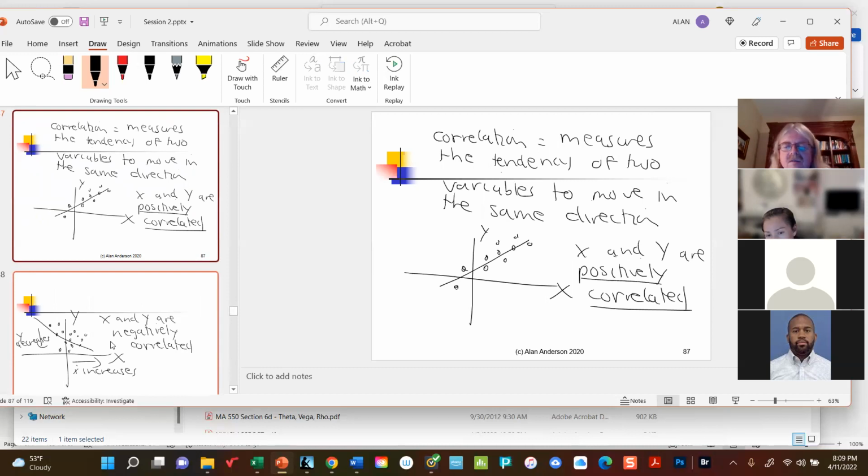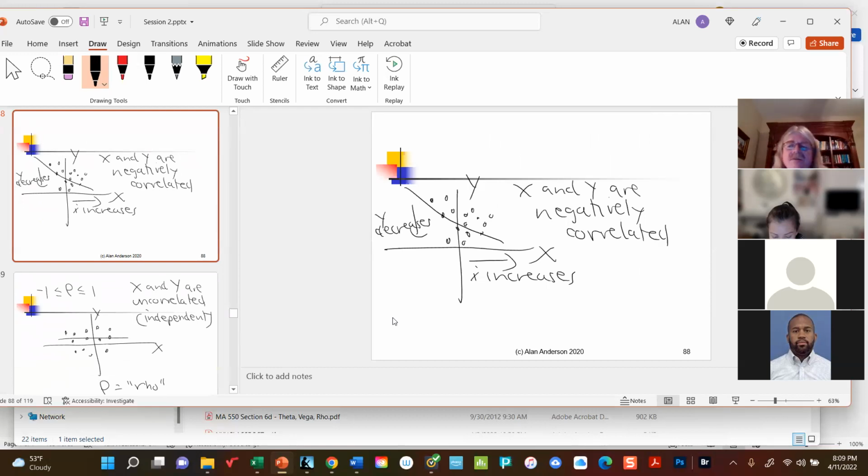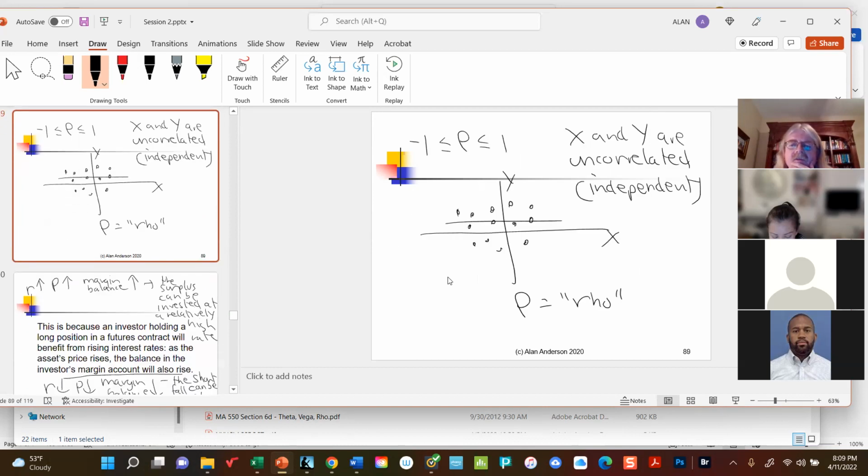Like in this scatter plot that we're seeing here, you can see there's a strong tendency for X and Y to move in the same direction because this trend line between them has a positive slope. We say that X and Y are positively correlated. In the next graph, they're negatively correlated because they tend to go in opposite directions. And then in the third case, they're unrelated or uncorrelated, meaning that there's no connection between them.